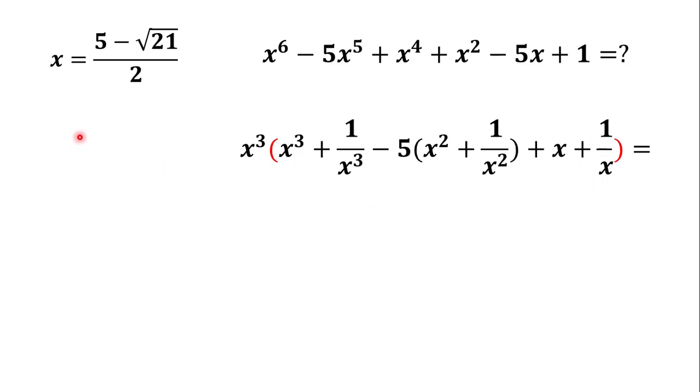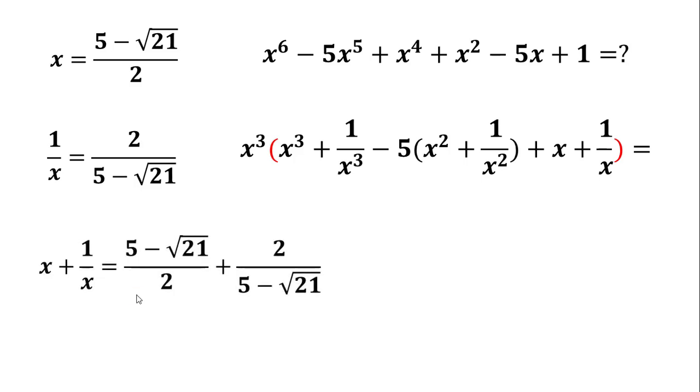Now we need to find x plus 1 over x. It is going to be (5 minus square root of 21) over 2 plus 2 over (5 minus square root of 21). We need to make a common denominator.